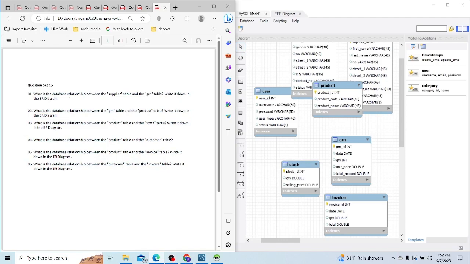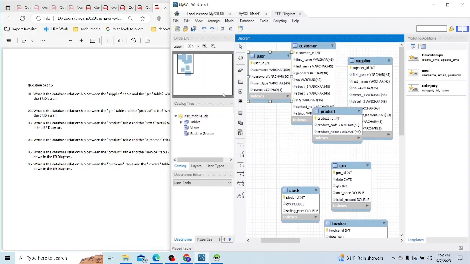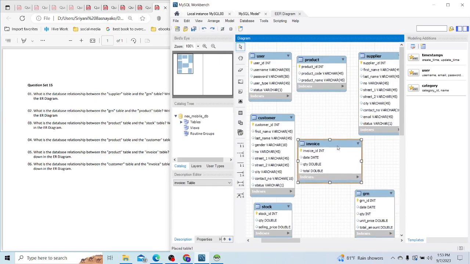What is the database relationship between supplier table and the good received note table? First of all, I will tidy this up a bit. So they are asking what is the relationship between supplier and the good received note table. A good received note basically means that when the suppliers provide the business with the goods, they give us something similar to an invoice.